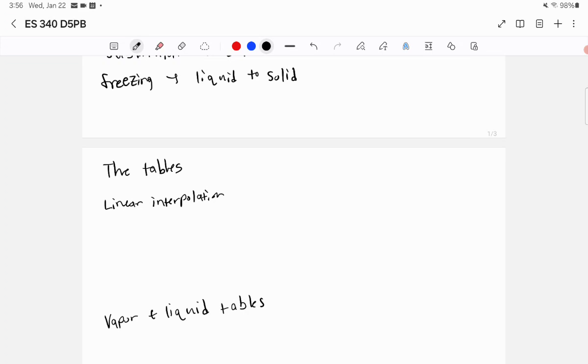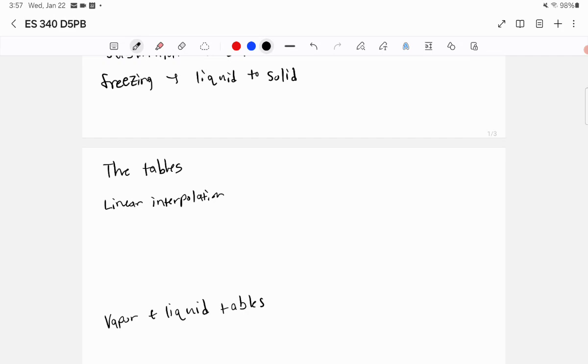Okay, so the tables. Now this is going to be the important part here. This is going to come back to you over and over again. You probably at some point, in chemistry or whatnot, have learned about the ideal gas law. Well, the ideal gas law makes assumptions about the gas, right? That it's not too dense and things like this.